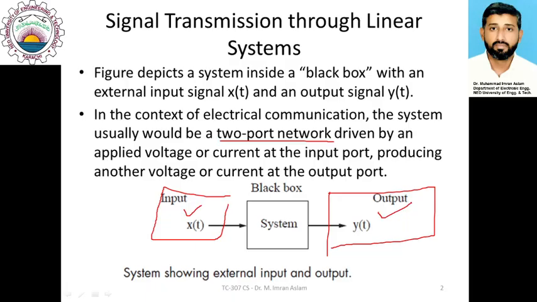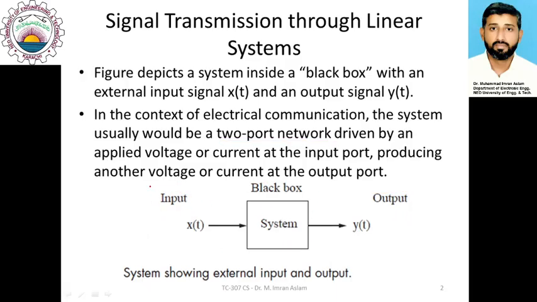We can represent the system as a two-port network, which is actually driven by a voltage or current signal, which of course would be applied to the input port, and eventually the system would make certain changes or certain transformations to that input and provide another voltage or current at the output.